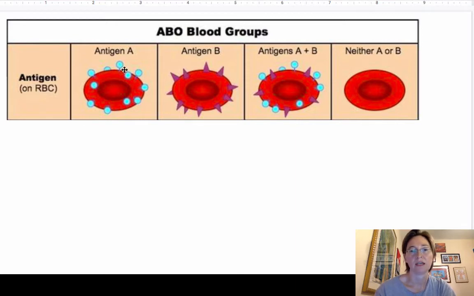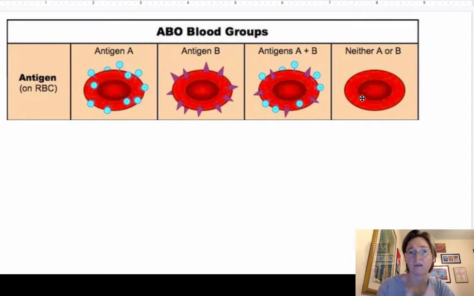So antigen A, little round things. Antigen B, you might make antigen B, which is represented here by purple triangle-y cone-like things. You might make both, in which case your red blood cells have both of these structures sticking out of the surface. Or you might not make any of them, in which case your red blood cells don't have any of these antigens in their cell membranes.